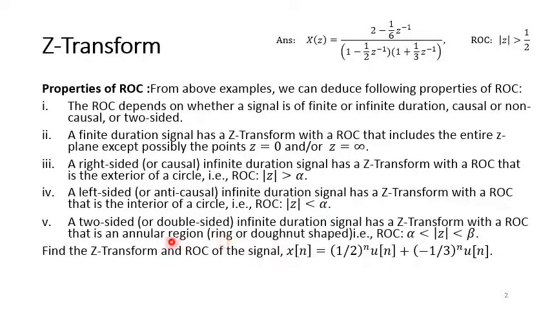Similarly, a two-sided or double-sided sequence of infinite duration has a Z transform with a region of convergence that is an annular region, a ring or donut shape. In that case, absolute Z is greater than A and less than beta.